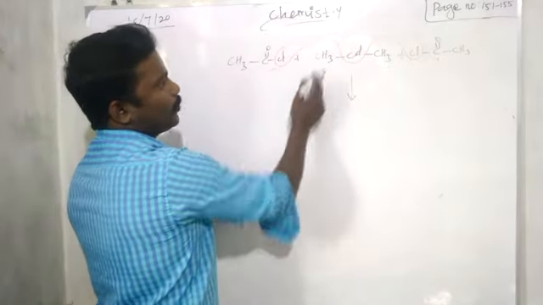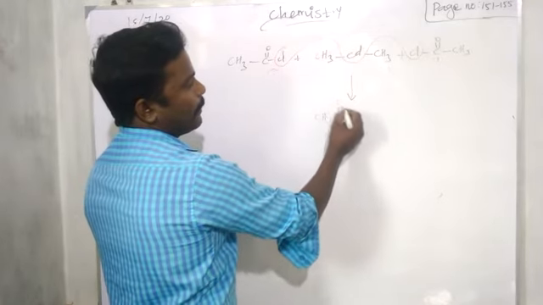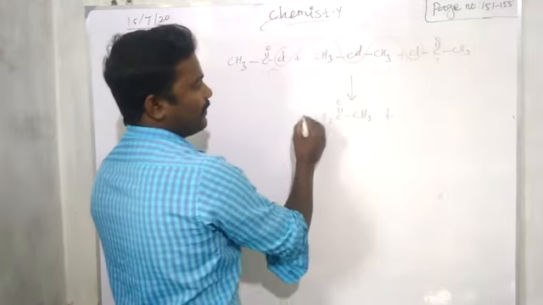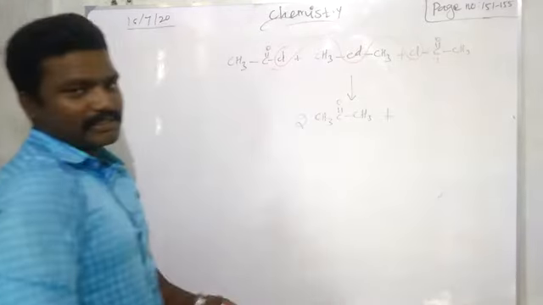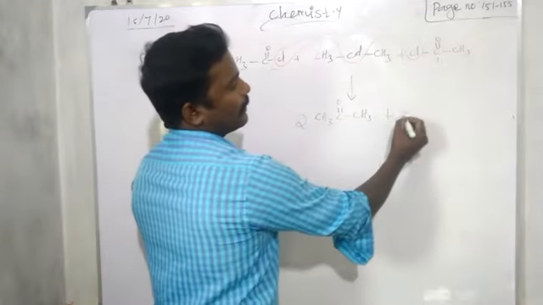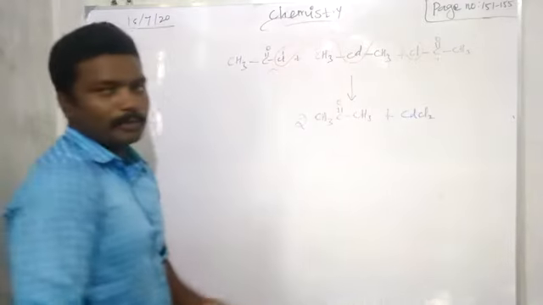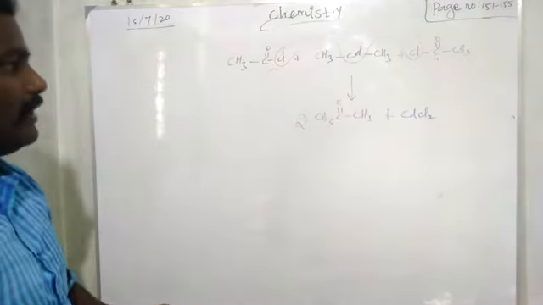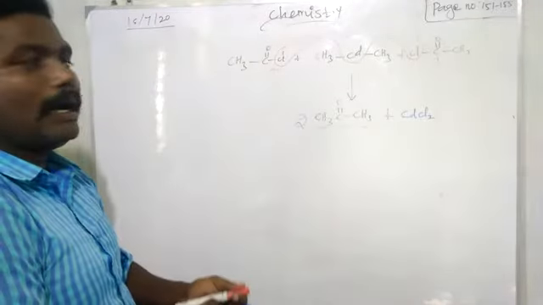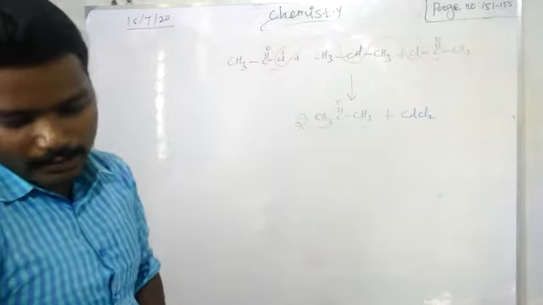CH3, C double bond O, CH3, plus another one. Simply we can make it 2 times. Plus the other product, CdCl2, cadmium chloride. So we get the product acetone or propanone, right?